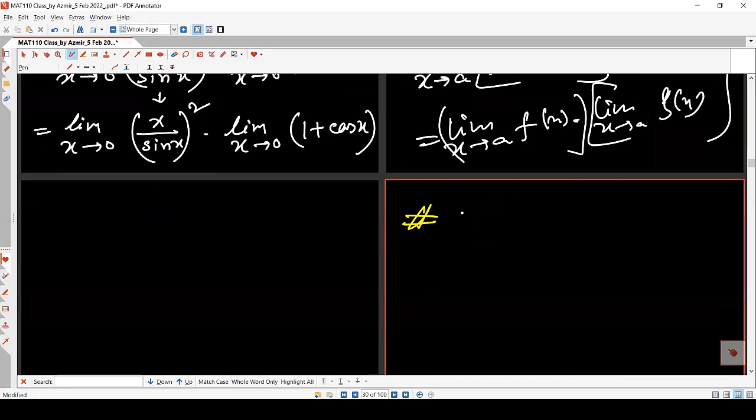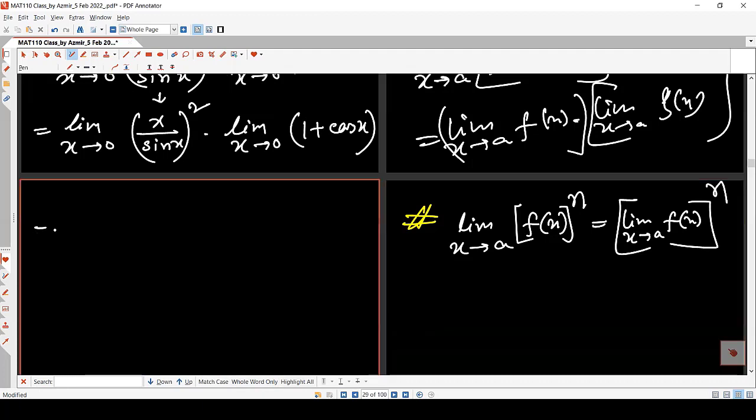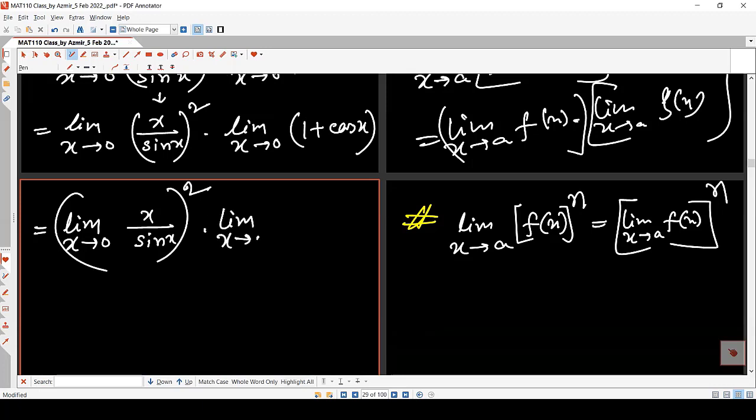So we know a power rule: if we have the limit as x tends to a of f of x to the power n, then the limit will be taken here and the total power n. So here we can also apply the power rule. The limit as x tends to 0 of x divided by sine of x, total power 2, times the limit as x tends to 0 of 1 plus cosine of x.